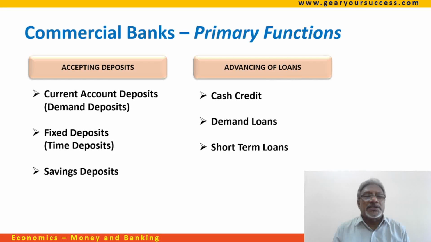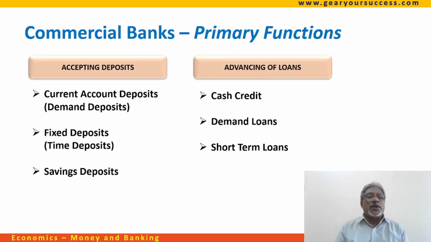It is called a current account because when they ask for money, the bank has to release that money immediately. That is why it is on demand, and this money has to be given to the depositor. Therefore, it is called demand deposits. Usually, current account deposits generally don't attract any interest.